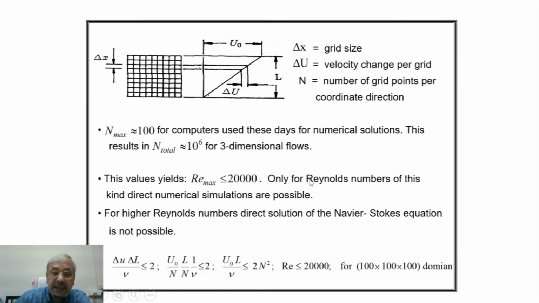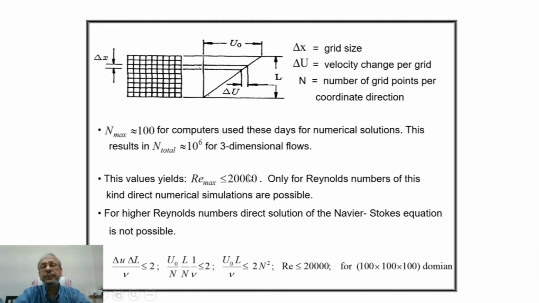So basically in one direction we have taken 100 grids, meaning the other directions y and z also have 100 points. So 100 by 100 by 100 is the size of the grid mesh in the domain. In such a situation, the limitation that comes on Reynolds number is basically 20,000.